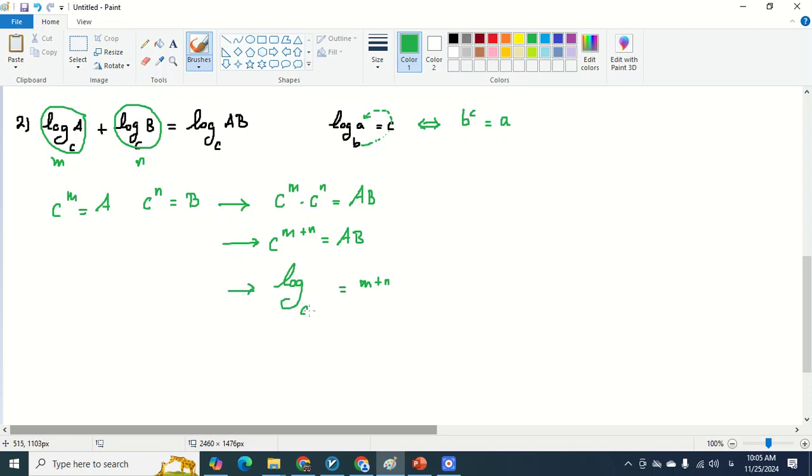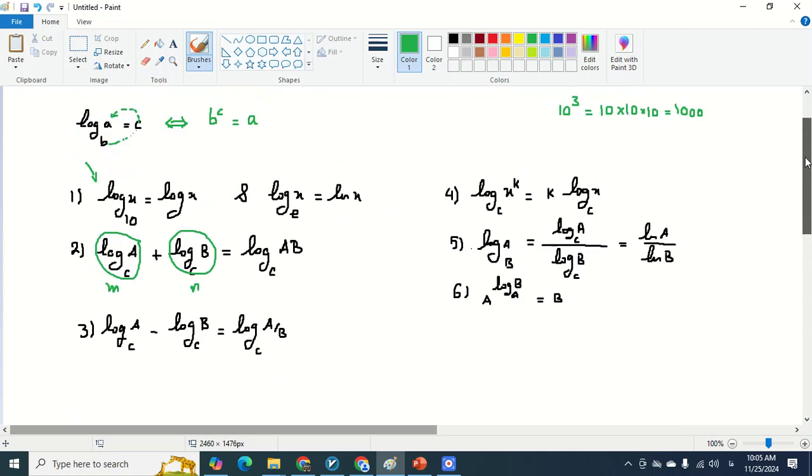I just rewrite it over here using this definition: c to the power of m plus n is equal to a times b, and right now m plus n is the same as this addition. We just evaluate that relation over here by using these properties. So let us return back to our discussion again.